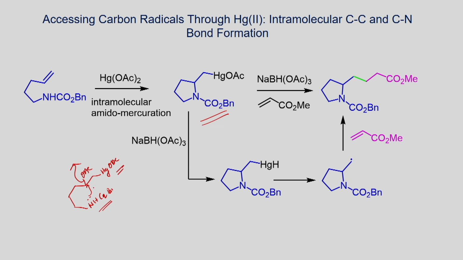Since it is a leaving group, via the SN2 pathway you can form this cyclic compound. Once you form this one, now when you react with this sodium borohydride derivative, which can reduce it into this hydride derivative, it can undergo homolytic cleavage to give a radical as shown here.